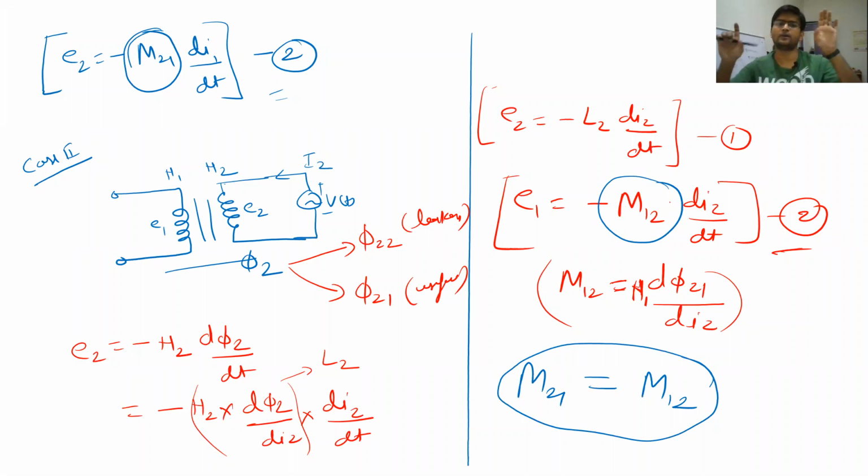So for the same coupled circuit, the mutual inductance always remains the same. So M12 and M21 for both these circuits, case 1 and case 2, which are basically similar, will remain the same, and we can call them just M. So the mutual inductance for these two coils will always be the same, and it will be M, right?